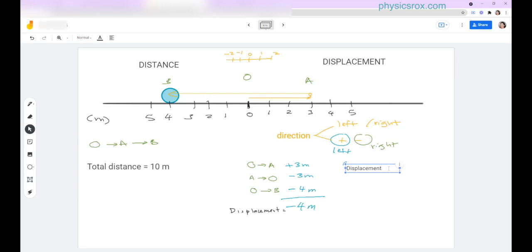You can take the displacement as the magnitude and direction measured from the start directly to the end point.